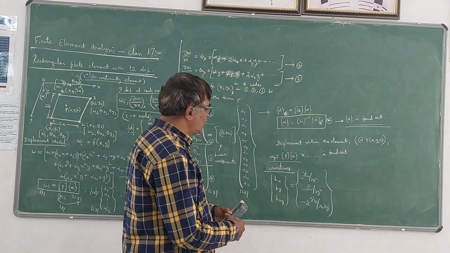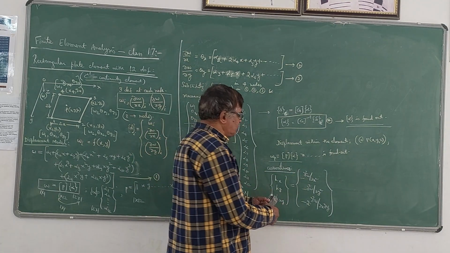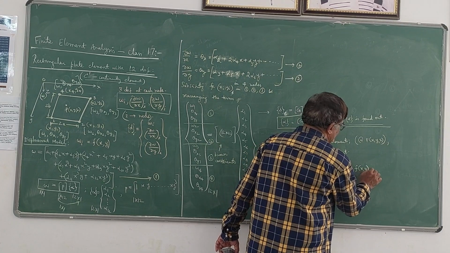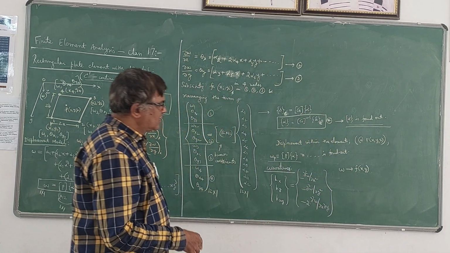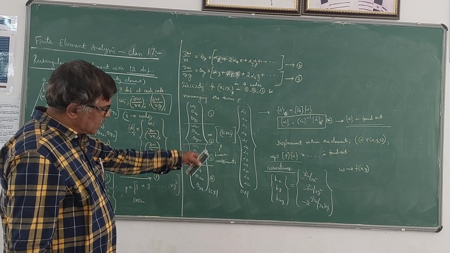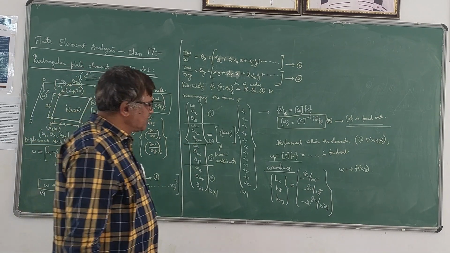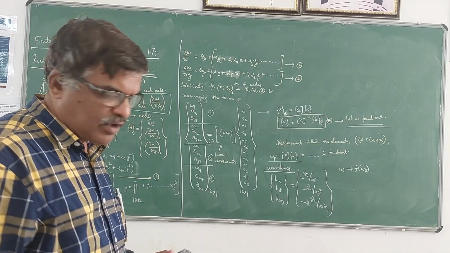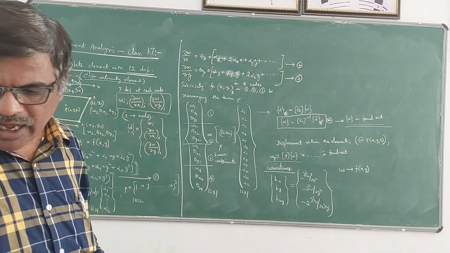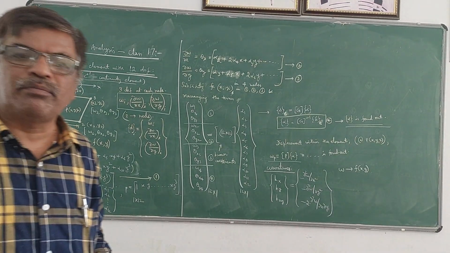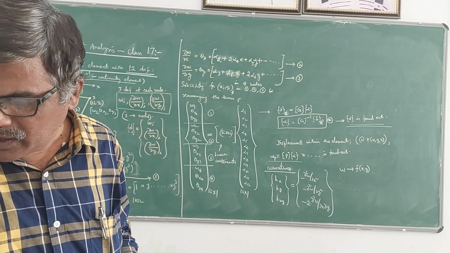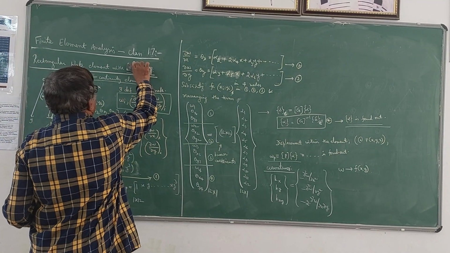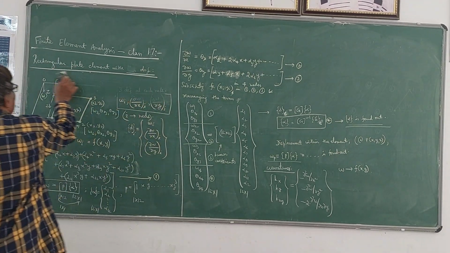Once you know W as a function of x and y, you can find the second derivatives, and those second derivatives with a negative sign give the 3 types of curvatures in the case of a plate element. So this is the explanation for a rectangular plate element with 12 degrees of freedom. Now on similar lines, you can have a rectangular element with 16 degrees of freedom.